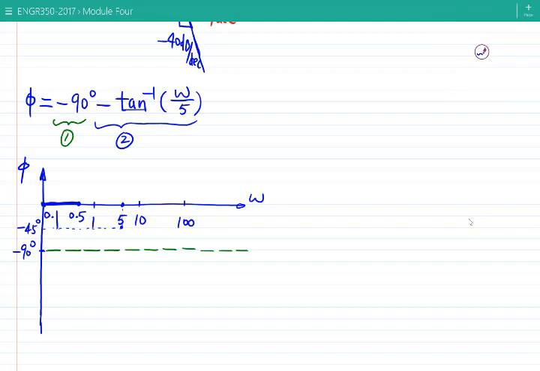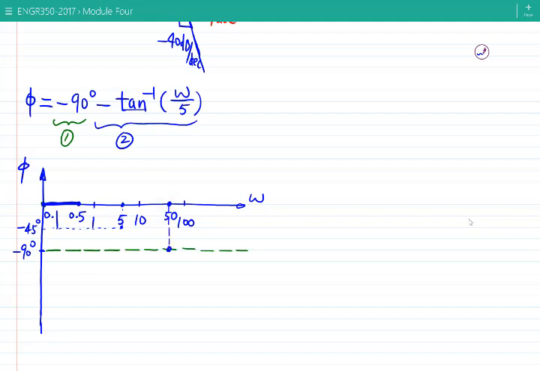When frequency omega is larger than 10 times the corner frequency, which means omega is larger than 50, 50 over 5 is equal to 10, and the inverse tangent function of 10 is very large, close to 90 degrees.